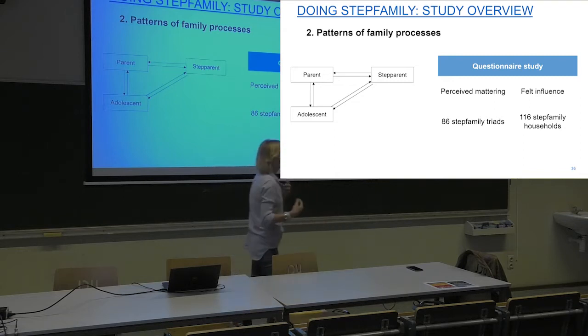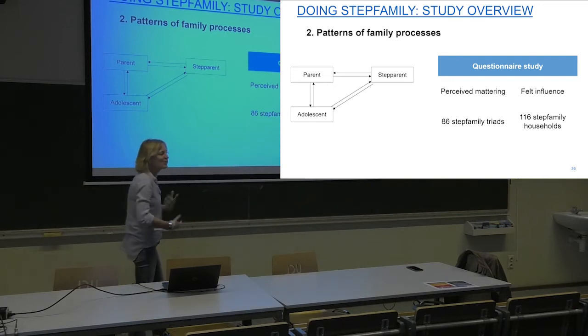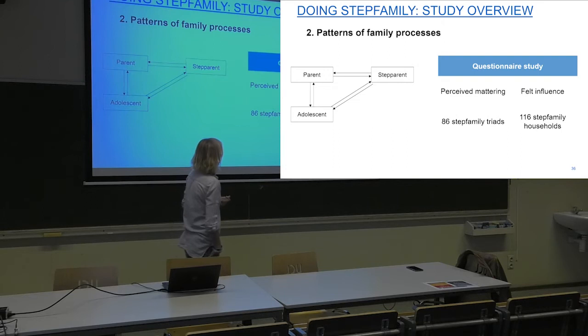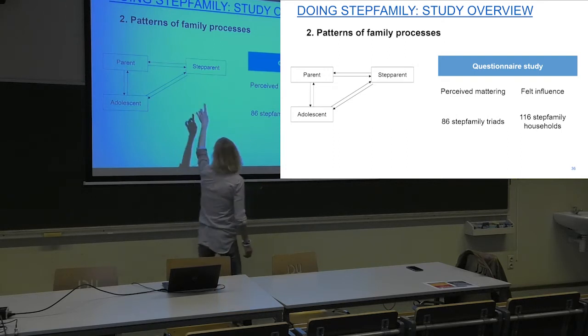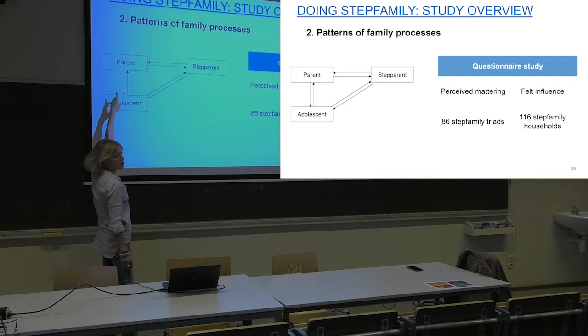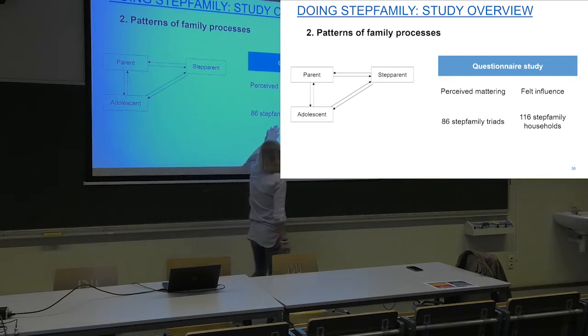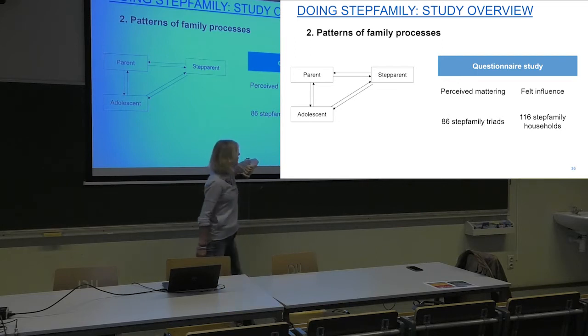That's to get cold if people tell you this. So perceived mattering, and this was in the triads. We had the step parent, the parents, and the adolescent. So this was the father and the son or daughter, and then the stepmother. So 86 step family triads.